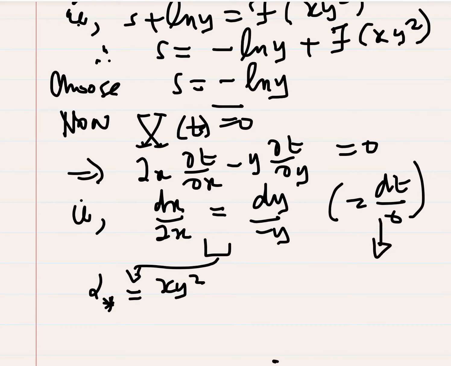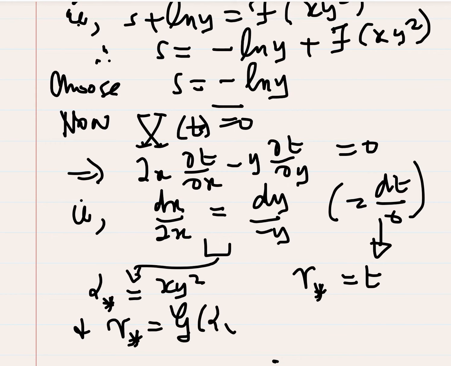From dt over 0, since dt is over 0, t itself is an invariant, but it's of course going to be a dependent invariant. So gamma star is equal to t itself, and gamma star is some arbitrary function of the independent invariant alpha star, which implies that t is any arbitrary function curly g of x y squared.